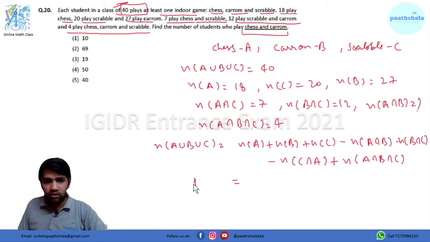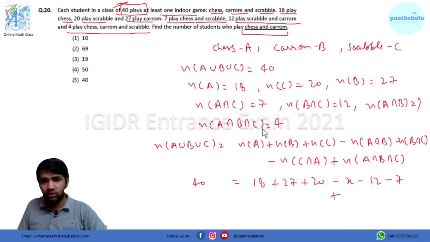So here this value is 40, this value is 18, this is 27, this is 20, minus N(A intersection B) we have to find. So let's take this as X. So minus N(B intersection C) is 12 and N(A intersection C) is 7, and plus N(A intersection B intersection C) is 4.